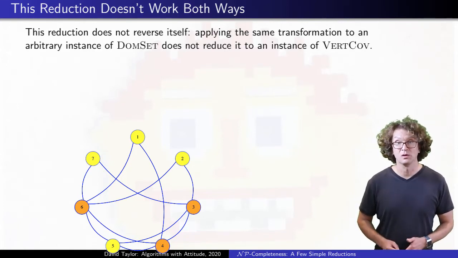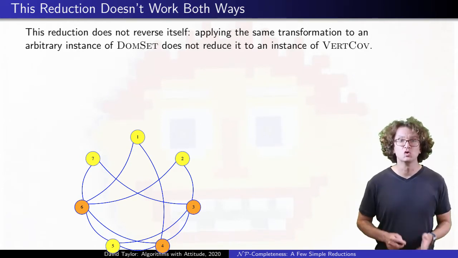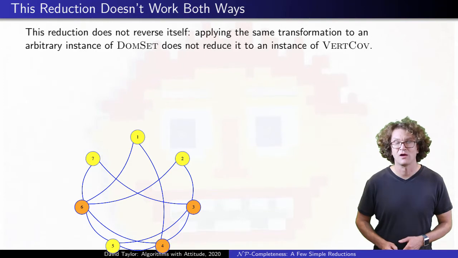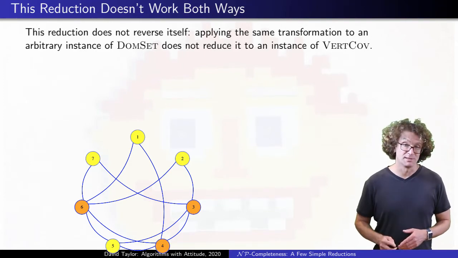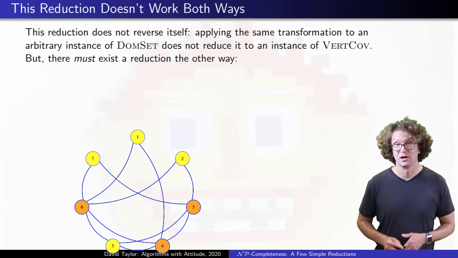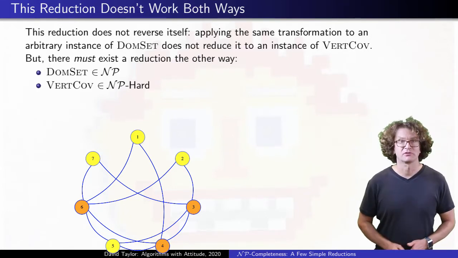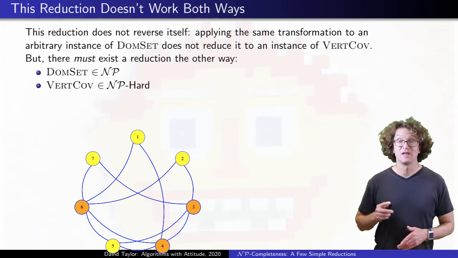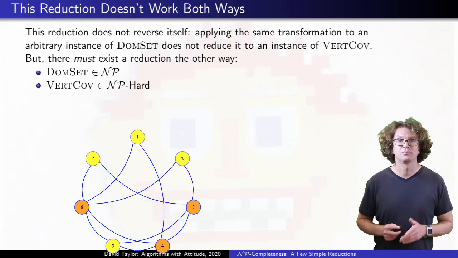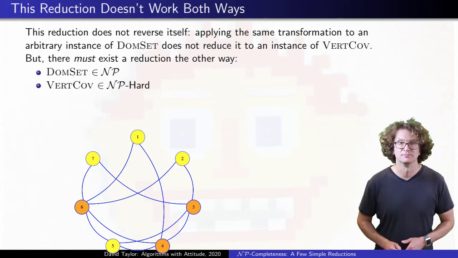A graph like this one doesn't have those little triangle vertices and edges to remove to get a corresponding vertex cover problem. But there has to be a reduction in the other direction, because dominating set is in NP and vertex cover is NP hard, so by the definition of NP hard, there must be some reduction from dominating set to vertex cover. This is a huge topic.